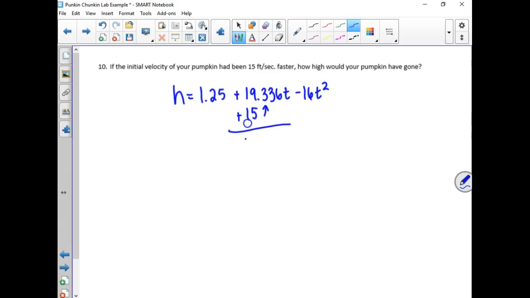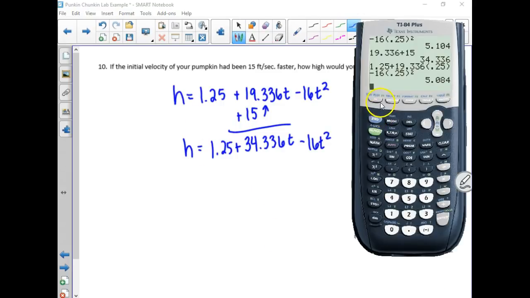So that's going to give me 34.336t. So h equals 1.25 plus 34.336t minus 16t squared would be the equation I would use instead. I'm going to go to my y equals. I'm going to change that 19 right there to a 34, and I'm going to hit graph.